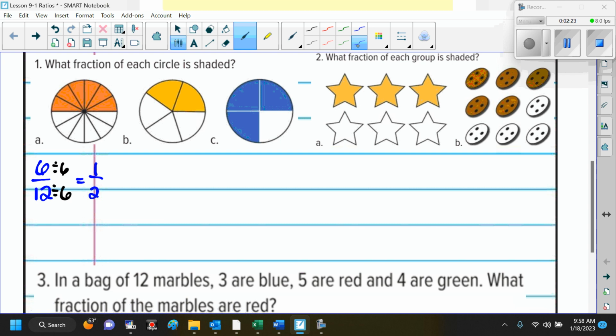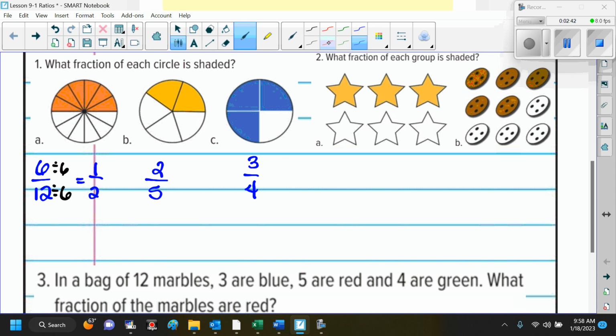So for the next one, how many are shaded? 2. Out of how many? 5. Very good. 2 to 5. And how about for the last one? Let us see. 3 out of 4. Very good. So those are the ratios.